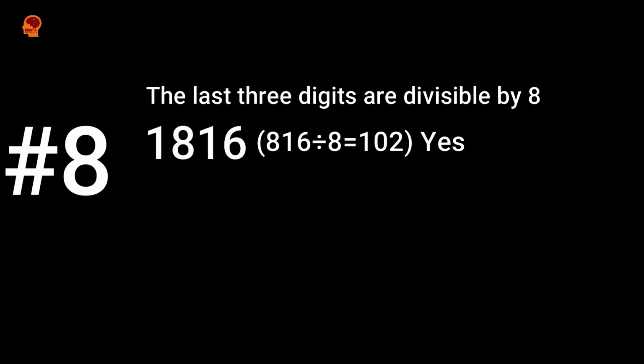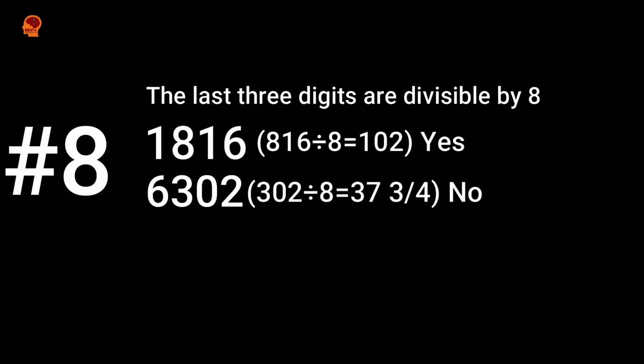So that's a yes. 1816 is divisible by 8. Let's look at another one. 6302. I'm going to take 302 and divide by 8, and boom, I'm going to have a remainder. 8 will divide 302 37 times, remainder what, 3. So that is a no.